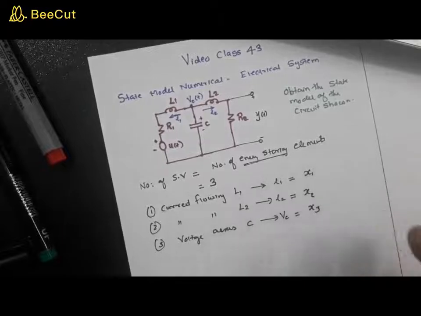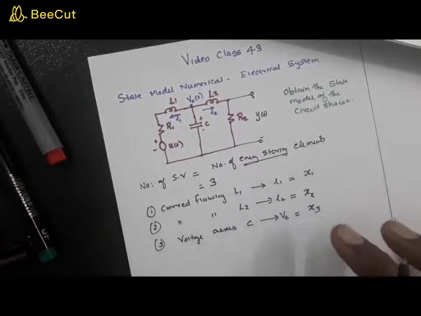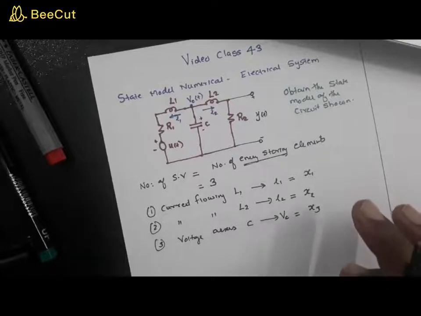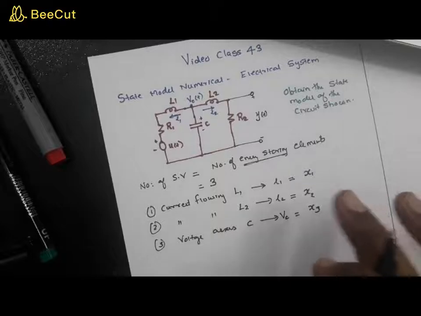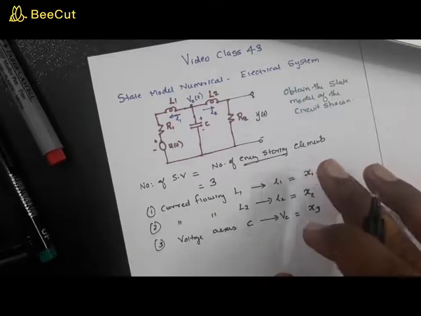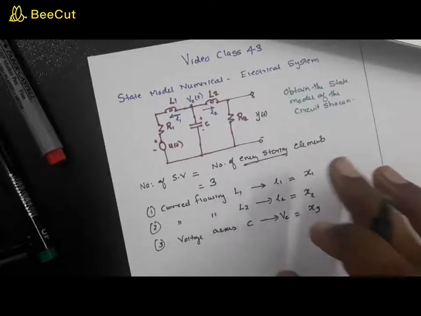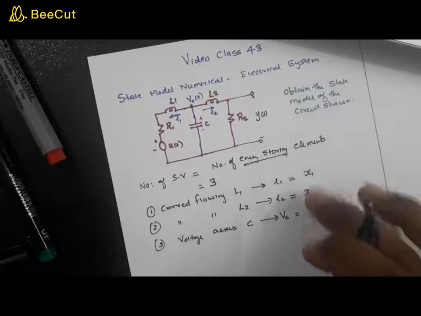So this is the difference between the previous problem and this one. In the previous problem, we framed a differential equation, and the response and its first order derivatives were assigned as state variables.